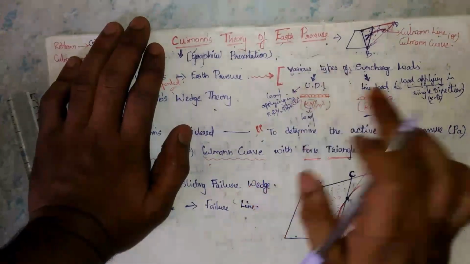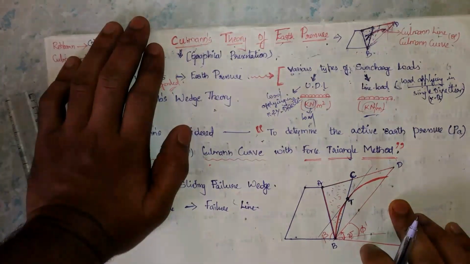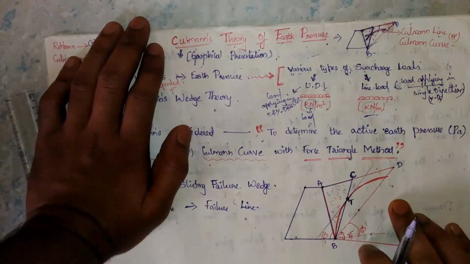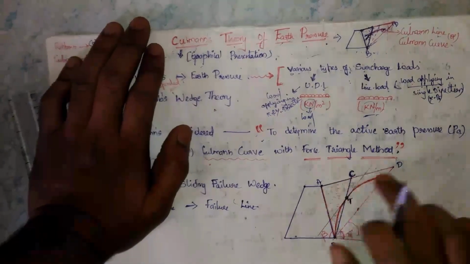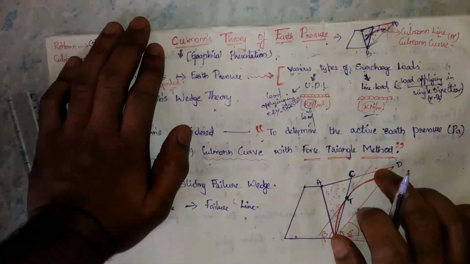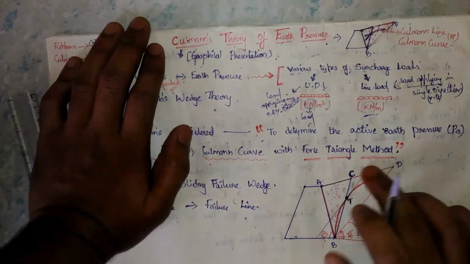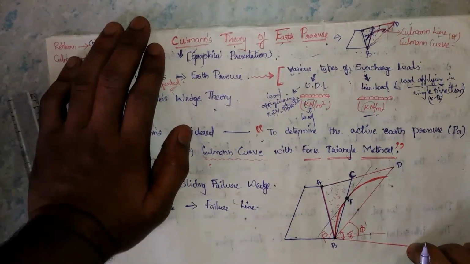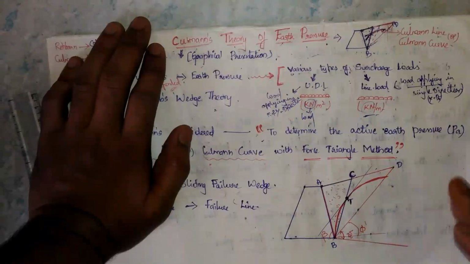What are UDL and line loads? For example, this earth pressure structure is constructed at railway bridge areas or highway structural areas. When a train is moving on this soil surface, UDL will be considered, or any other single-directional force applied along a single line we can consider as a line load.